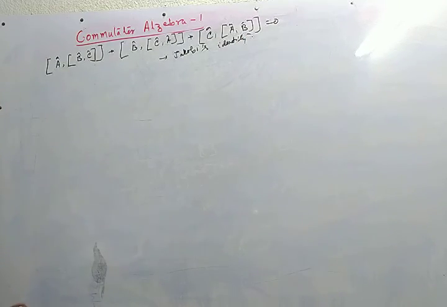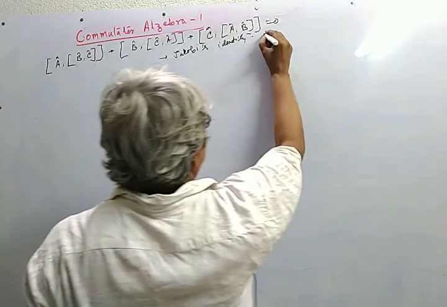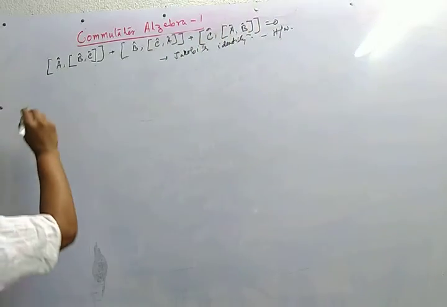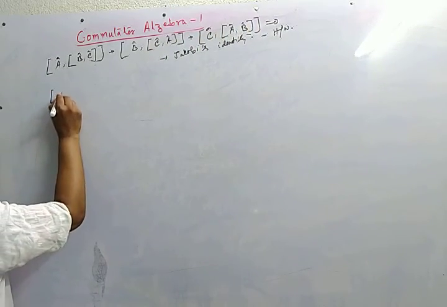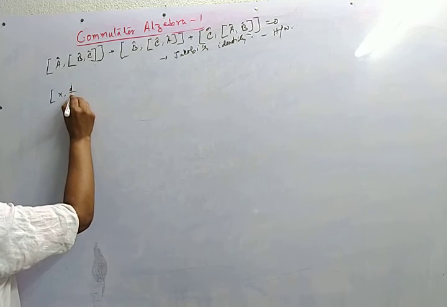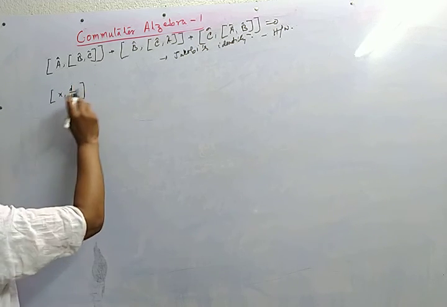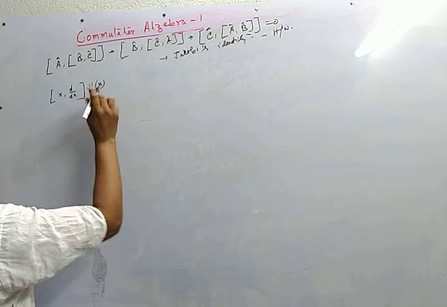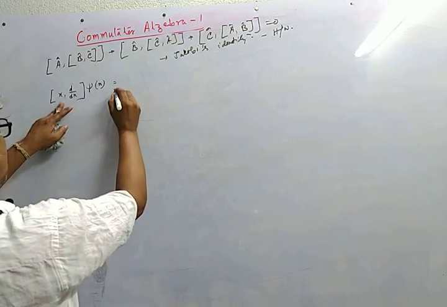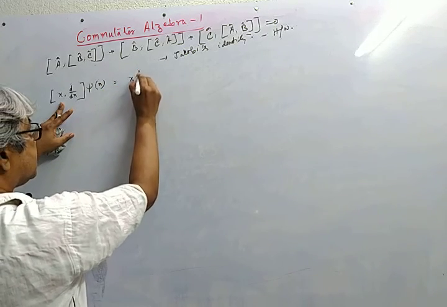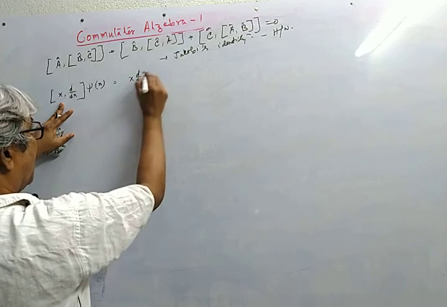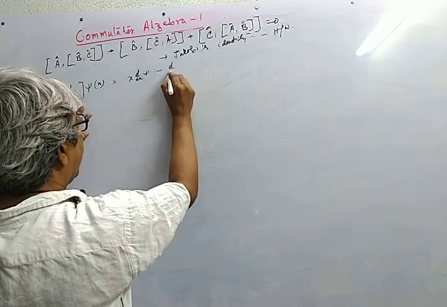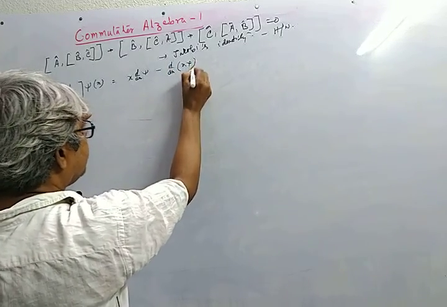Now we come to another. The proof is left as your homework. Now we come to a relation like this: x and d/dx. So there are two operators, one is the x operator and d/dx. What is the right hand side? We choose an operand which operates on this. So the result is x d/dx operating on psi of x minus d/dx operating on x psi.